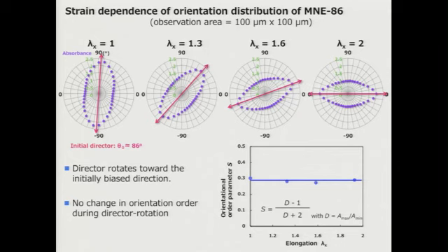Also this oval is slightly tilted because the angle is 86. If you stretch the sample, this pattern is tilted in the initially biased direction. But the point is that the shape of the anisotropy is almost constant during the deformation. This means the director simply rotates to the initially biased direction.